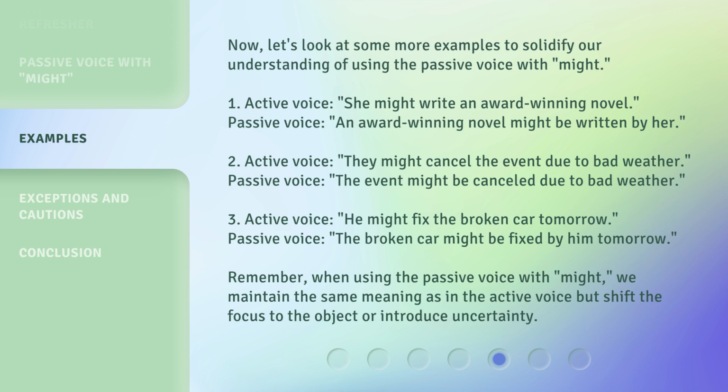Passive voice: the event might be canceled due to bad weather. Three. Active voice: he might fix the broken car tomorrow. Passive voice: the broken car might be fixed by him tomorrow. Remember, when using the passive voice with might, we maintain the same meaning as in the active voice but shift the focus to the object or introduce uncertainty.